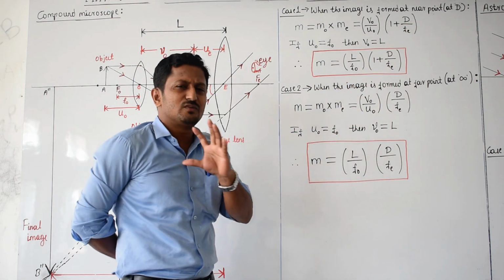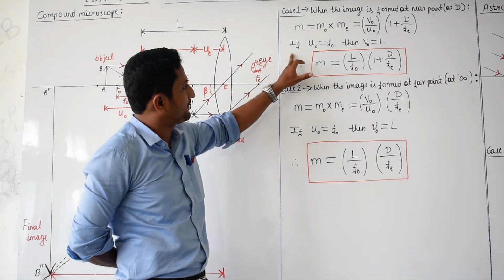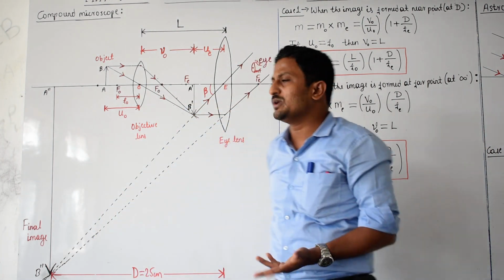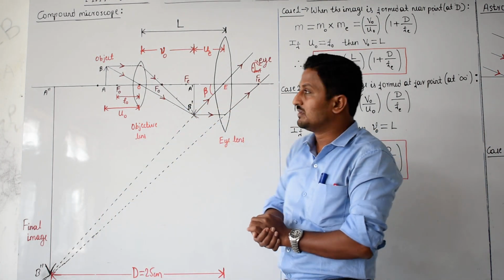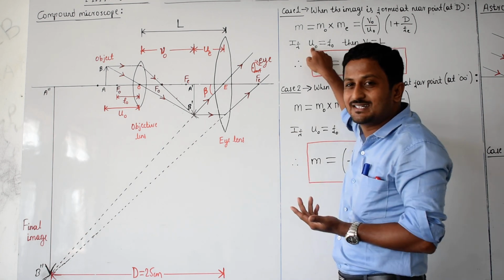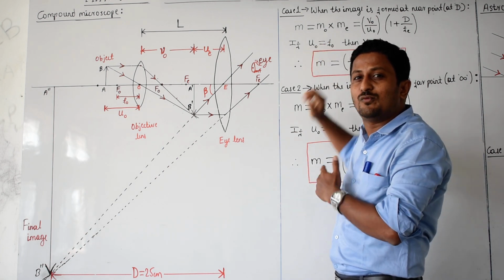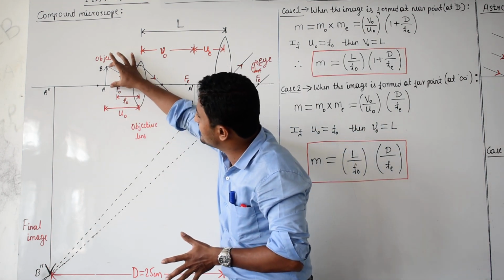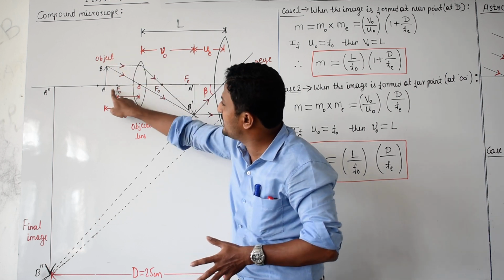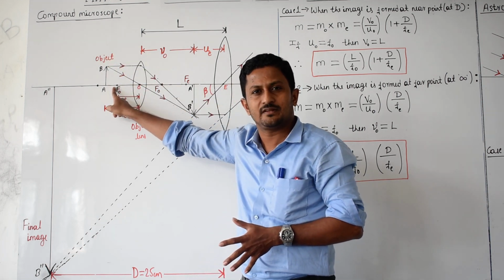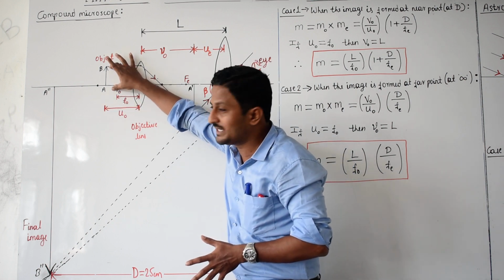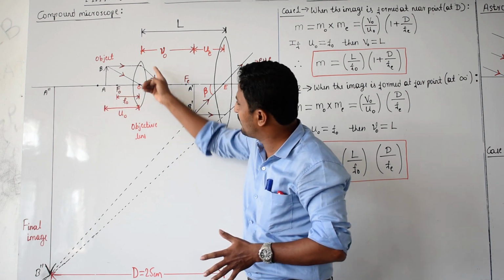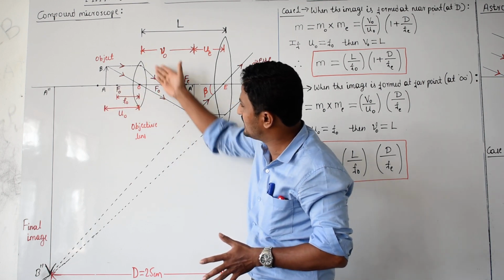Now look here, some small imagination is needed. If UO is equal to FO, UO is equal to FO means what? If UO, I mean the object distance, is equal to the focal length, it means that suppose we have placed this object AB at the principal focus point in front of this one single biconvex lens.